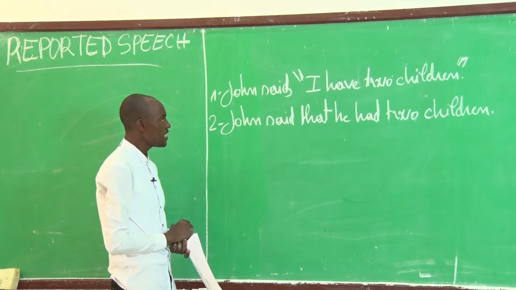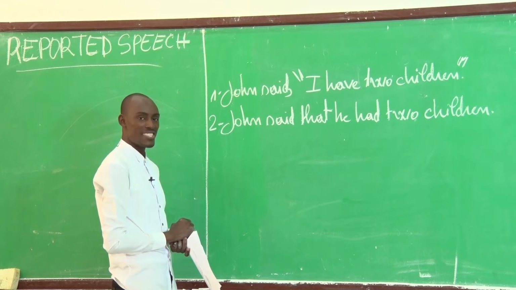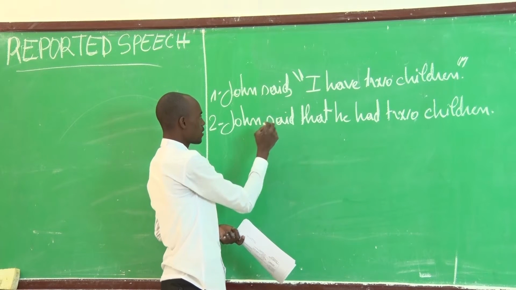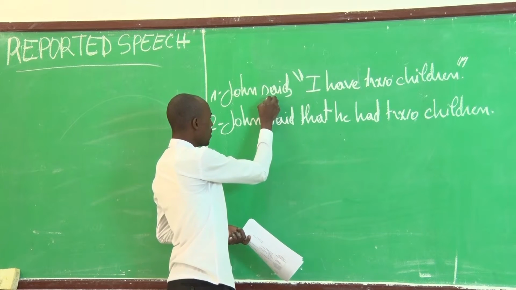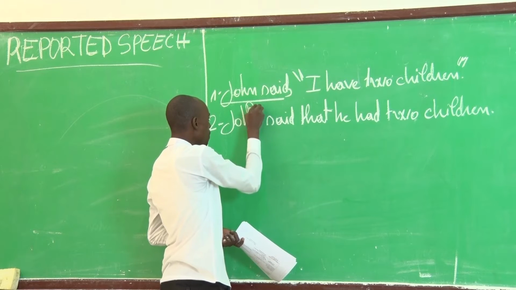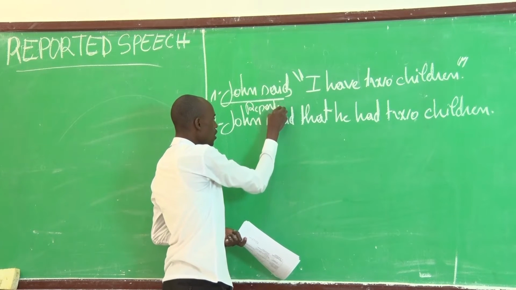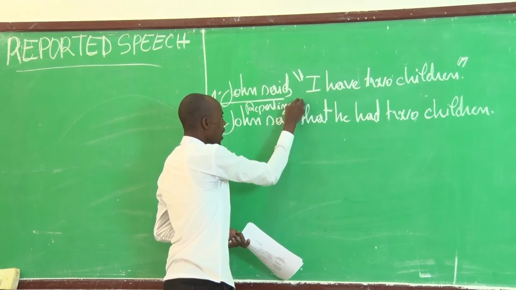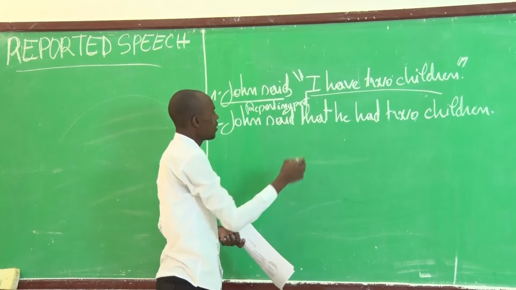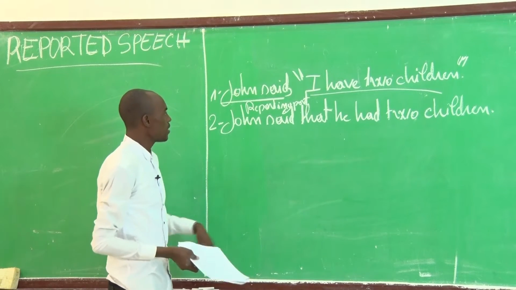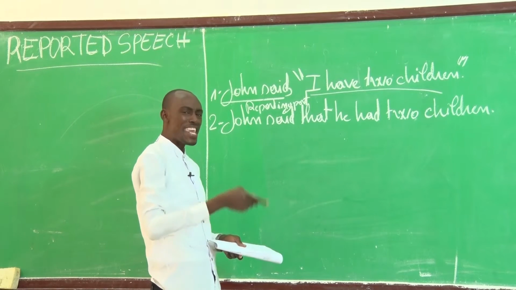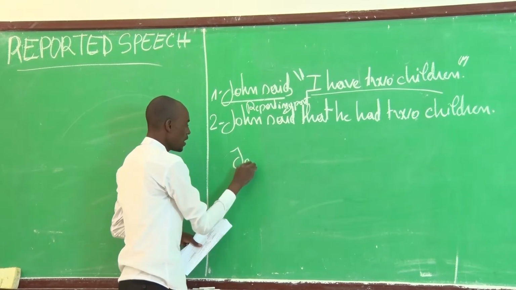Now, what does the rule say? Here we have this part called the reporting part, and here we have a speech. In the reporting part we have a verb, and this verb is called an introductory verb.